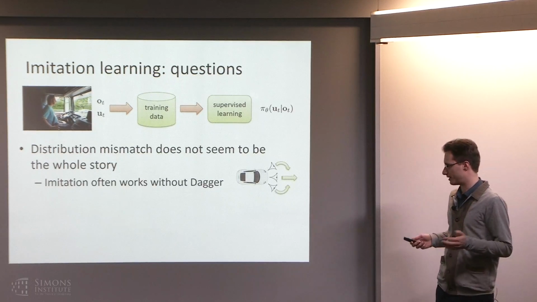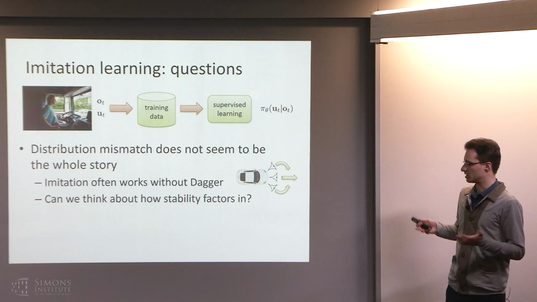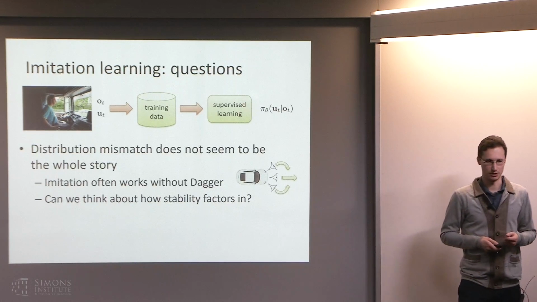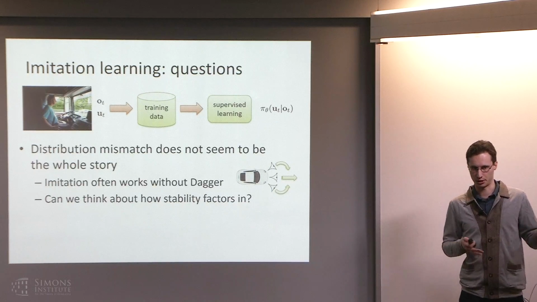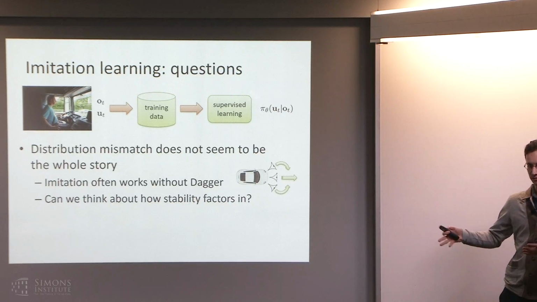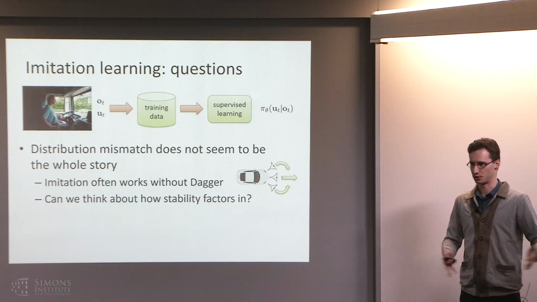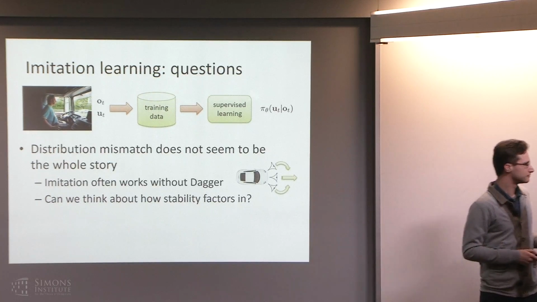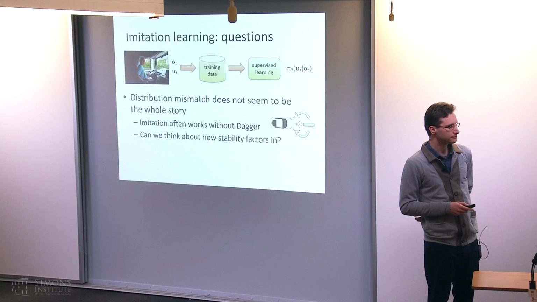Imitation often works without DAgger perfectly well. And can we think of a way to actually incorporate some notion of stability into a theory of imitation learning that tells us in which situations we might expect direct imitation to work and in which situations we might not? Question? Yes. Can you say more formally what you mean by stability here?